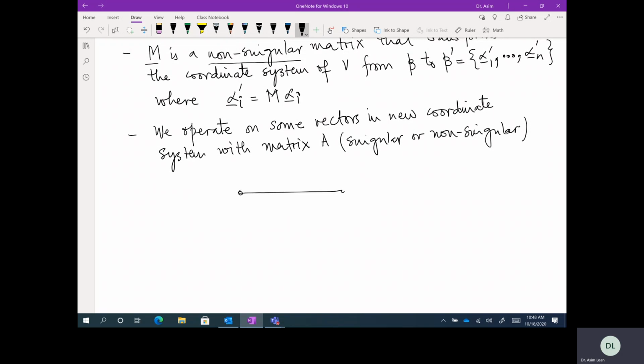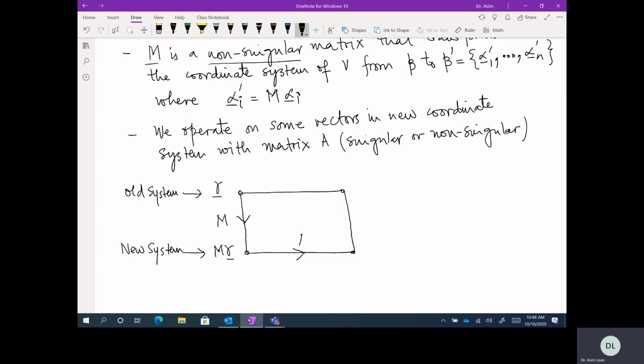So you have gamma in the old system. You do a transformation by M, you get M gamma. This is the vector in the new system. New system means new coordinate system.